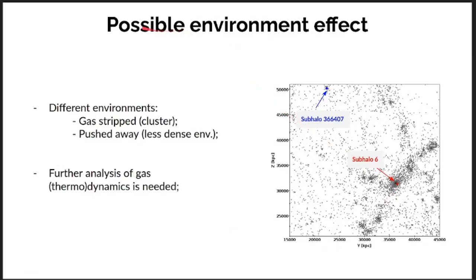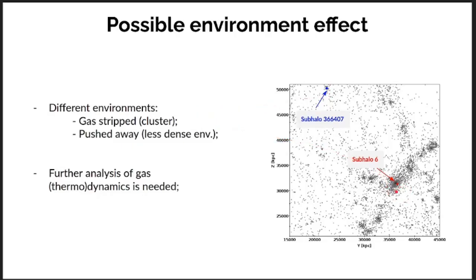Finally, we discuss possible environment effects in the formation of Relic galaxies. These two objects, subhalo 6 and 366407, are in very different environments. Subhalo 6 is very close to the most massive cluster in the simulation, while this other subhalo is in a low density environment.